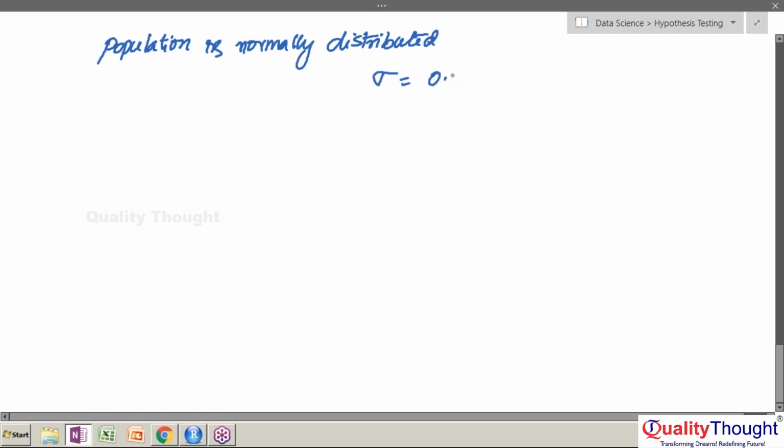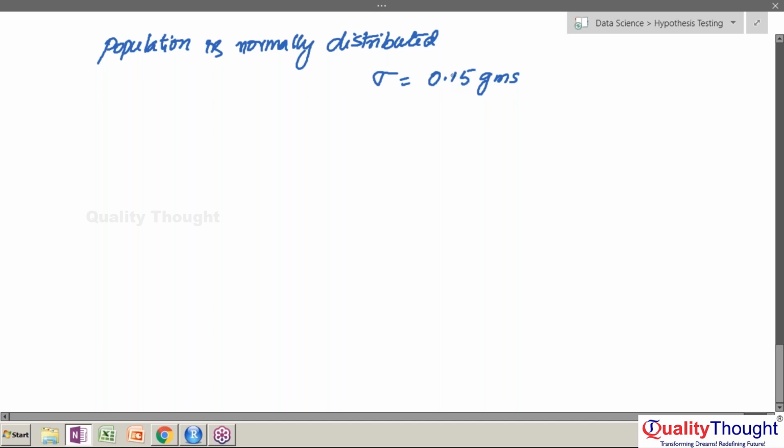In the bakery example itself, it is understood that the population is normally distributed with a standard deviation of 0.15 grams.